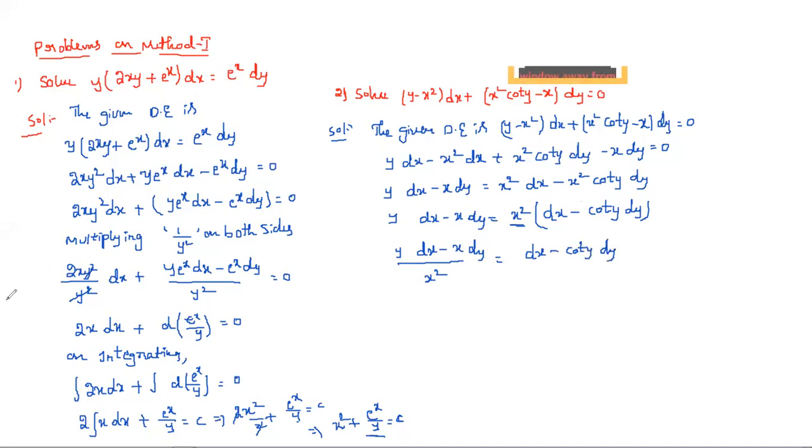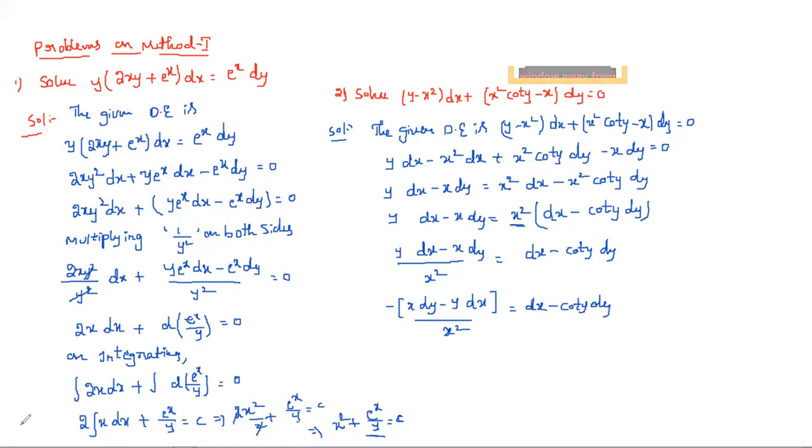Take minus as common, then we get (x dy − y dx)/x² = dx − cot y dy.